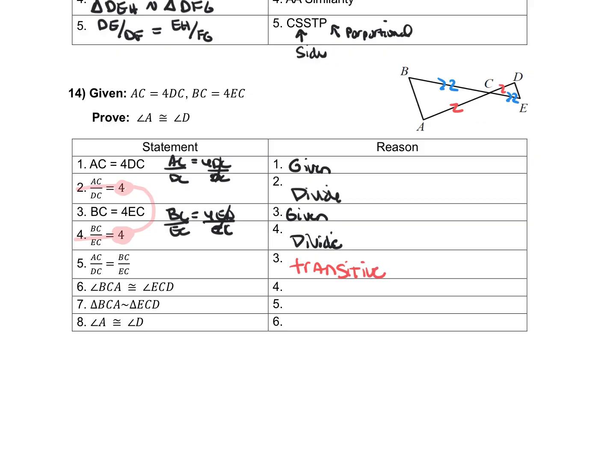And now I'm looking at an angle. So this is BCA, and then ECD. So this is my vertical angle. So now I've shown that two sides are proportional and I have the angle between them.